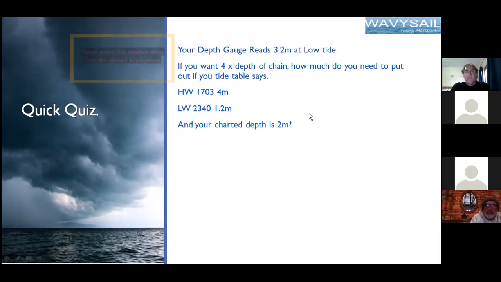Okay, so how much chain would you need to put out? Just working on that. That's assuming you're going to spend the night on anchor, so you will have a low water and a high water.